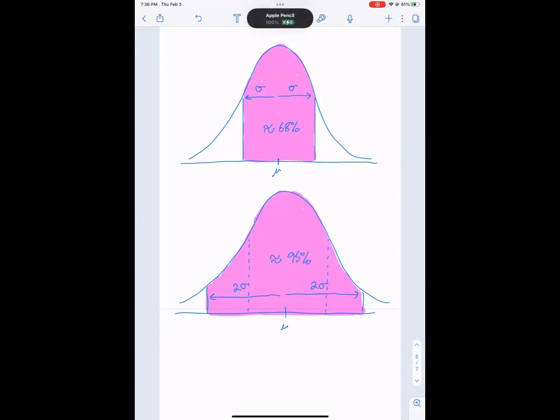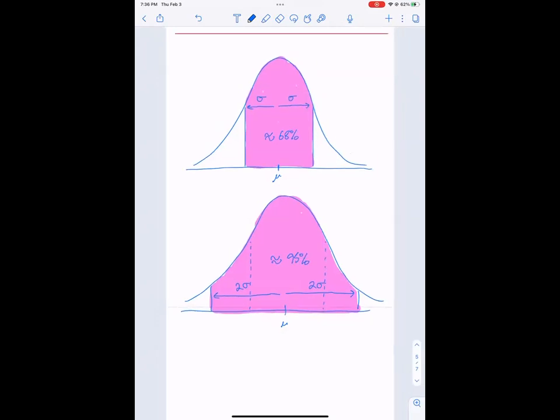And if you want, again, a slightly better approximation than 95%, this is what my calculator gives me for two deviations. A little bit more than 95%, 95.4 something. And we're only going to do 1, 2, and 3.